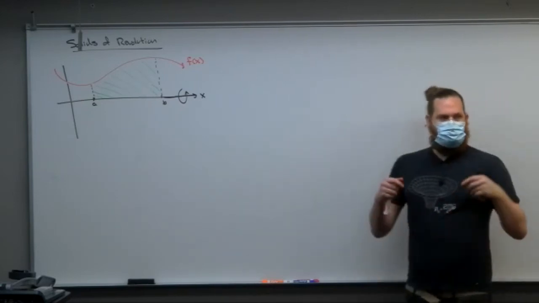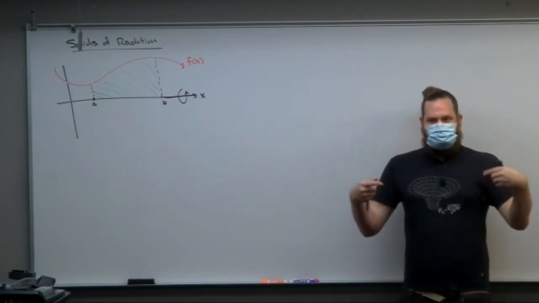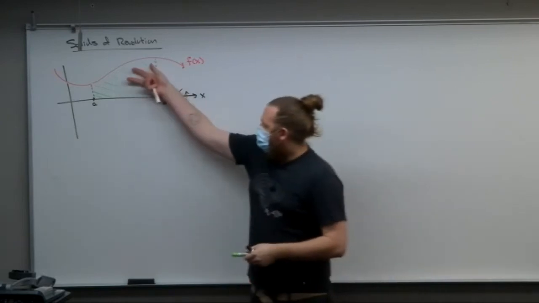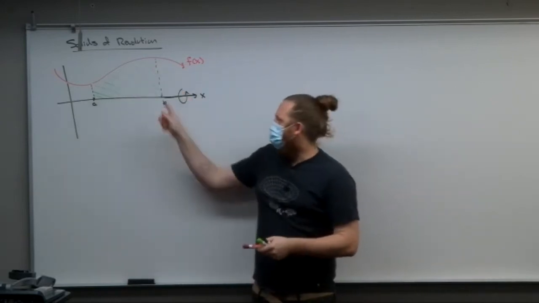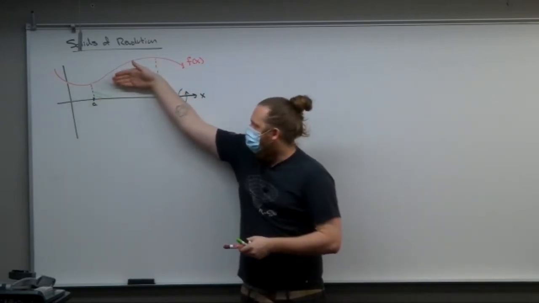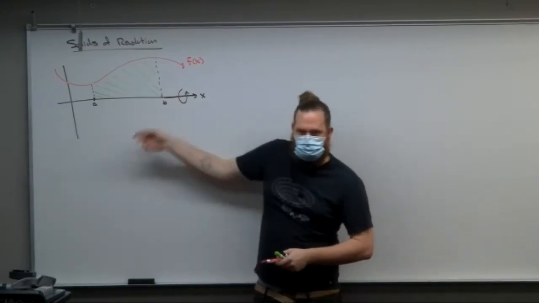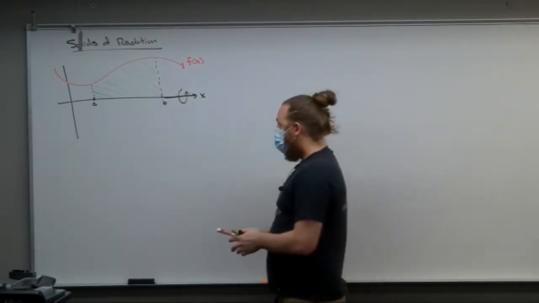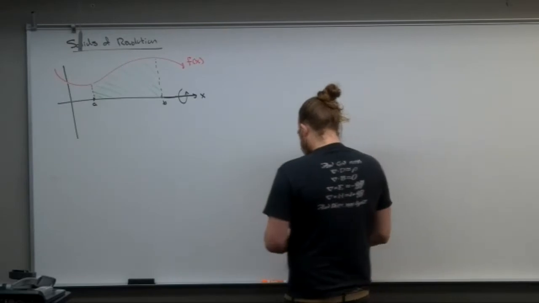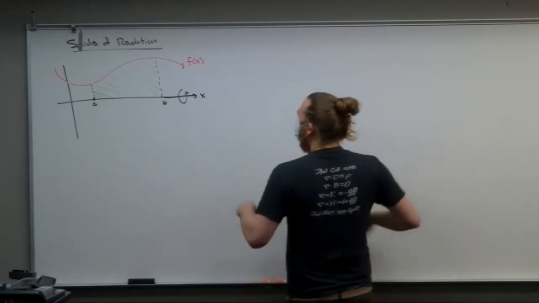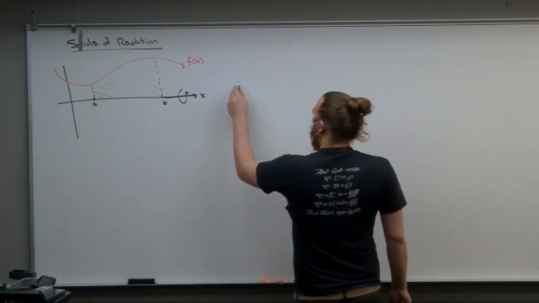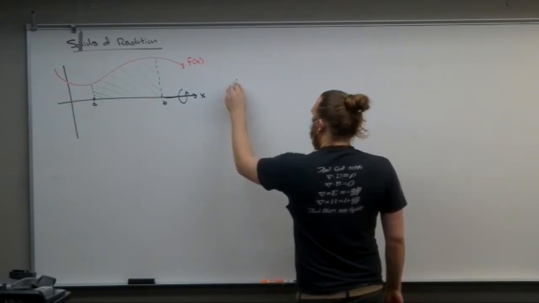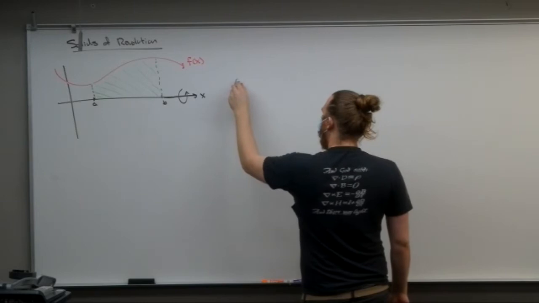If I were to take that green region and spin it around the x-axis, this thing is going to sweep out a volume. Imagine this like a card or something comes out of the board and then back into the board and spins around. It's going to generate a solid. Solids, I don't want to say they could have any shape, that's not true, but any shape with rotational symmetry is achievable pretty much.